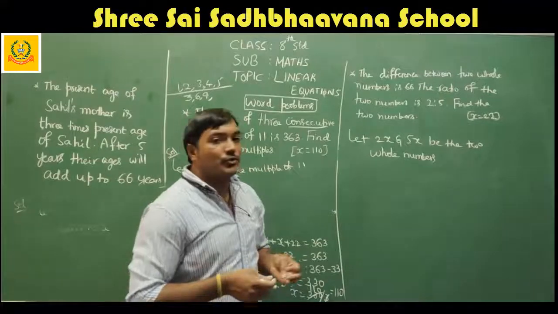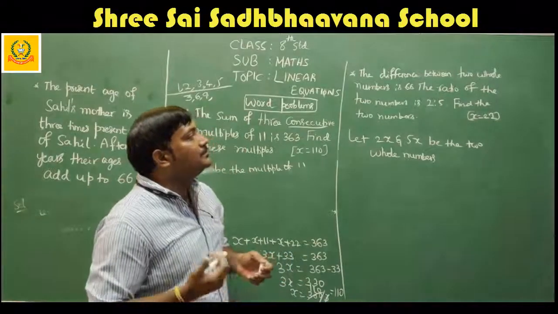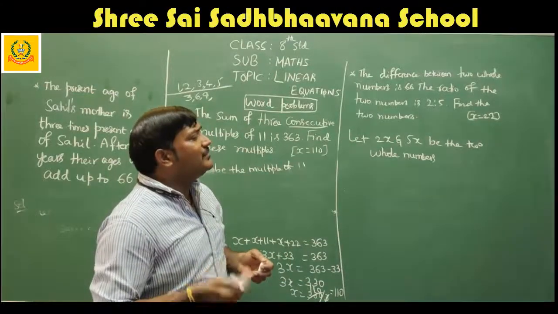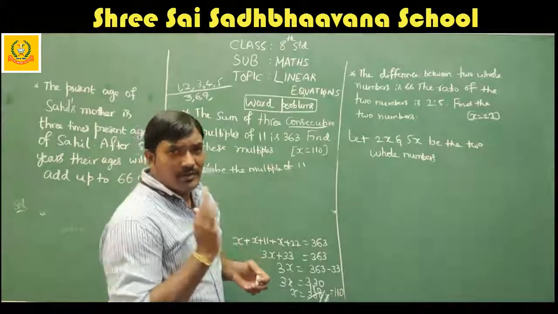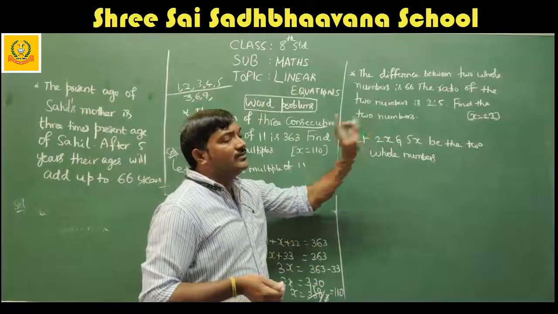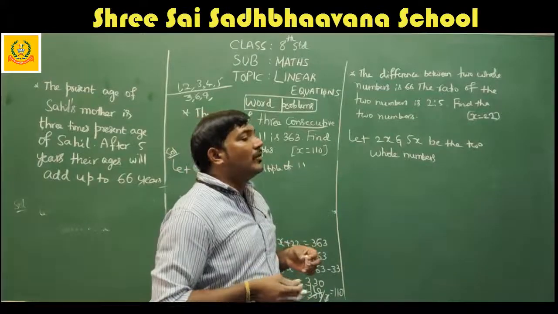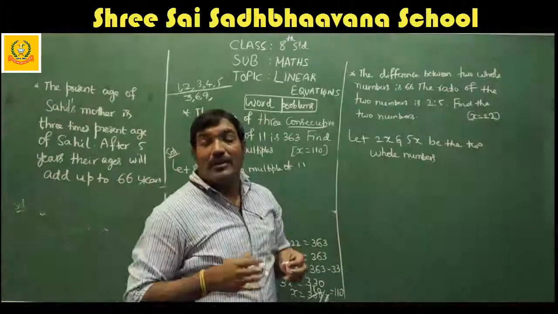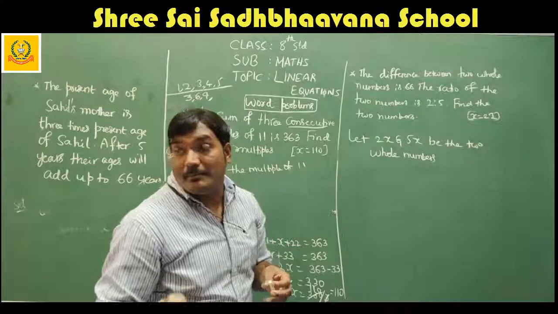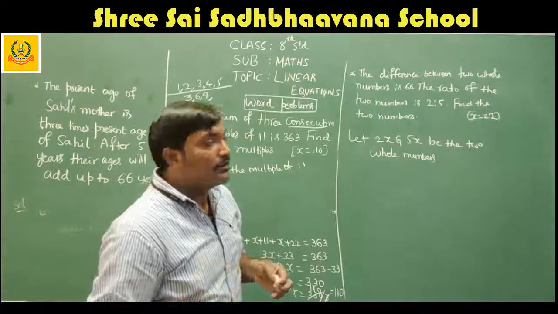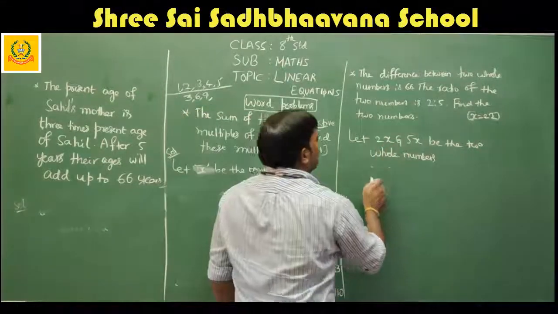So 2x and 5x be the two whole numbers. Now, the difference between the numbers. It's one of the easiest sums. Always remember whenever you take a difference, you should subtract the smaller one from the bigger one. Which is the highest number here? 5x.